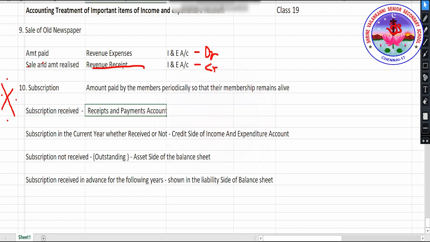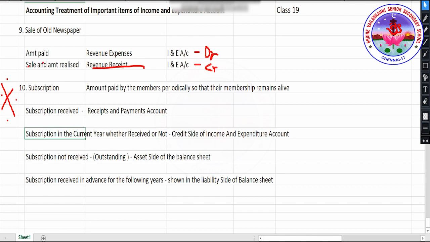If this year we received 11 lakhs, you write 11 lakhs. If we have received 12 lakhs, you write 12 lakhs. Suppose you received only 1 lakh, then record on the receipt side however much you have actually received in cash.